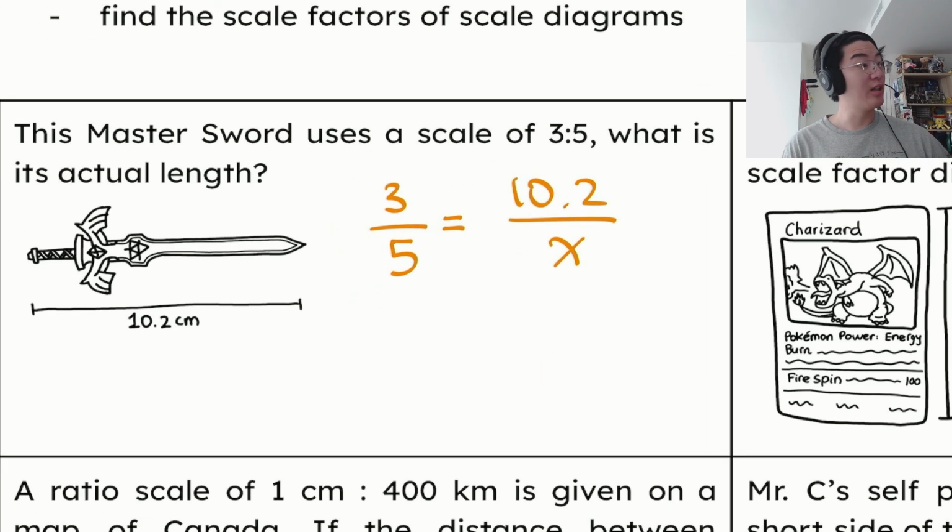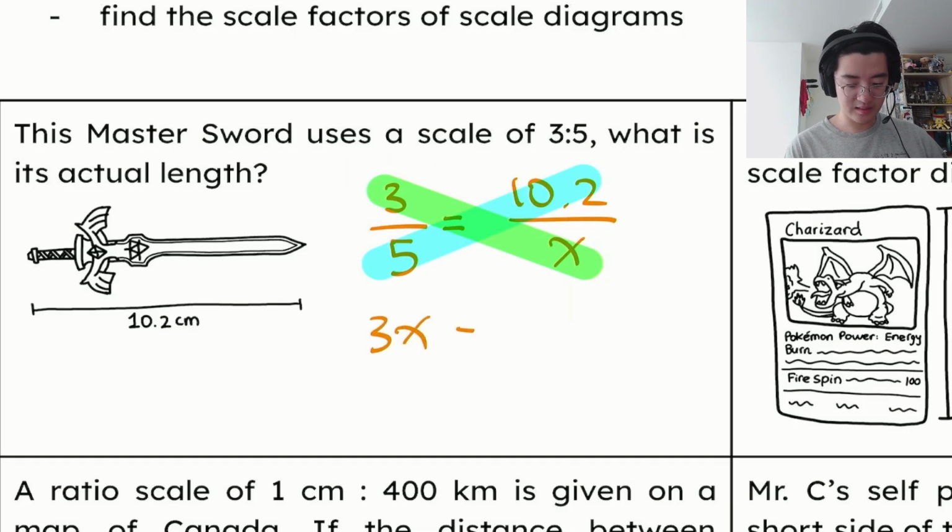From here, to find x, we can use a method called cross multiplication. We multiply like a little butterfly, diagonally. So 3 times x is just 3x, and on this side we have 5 times 10.2, which is 51.